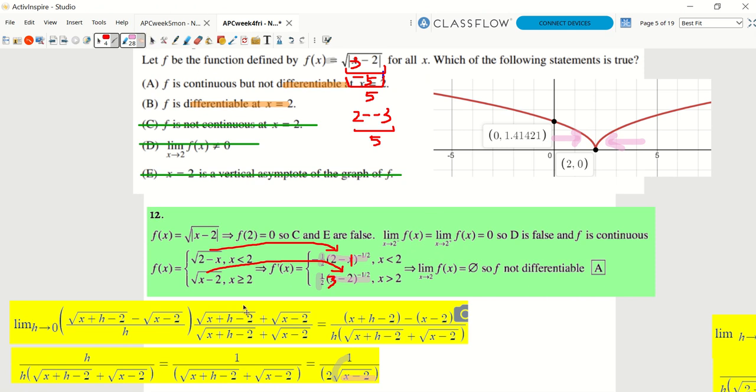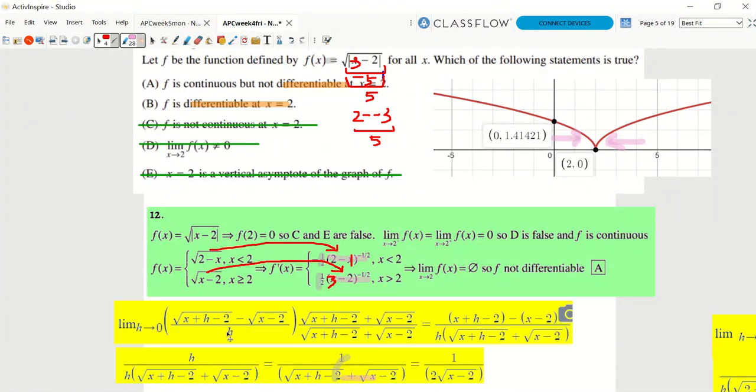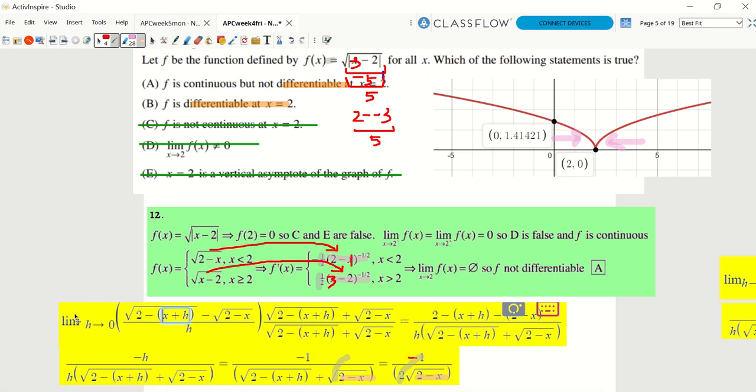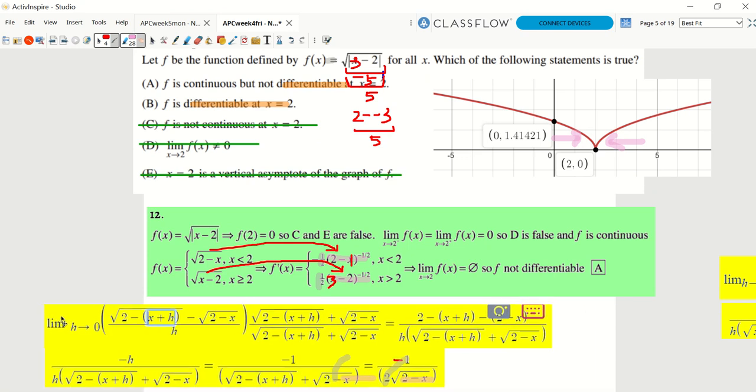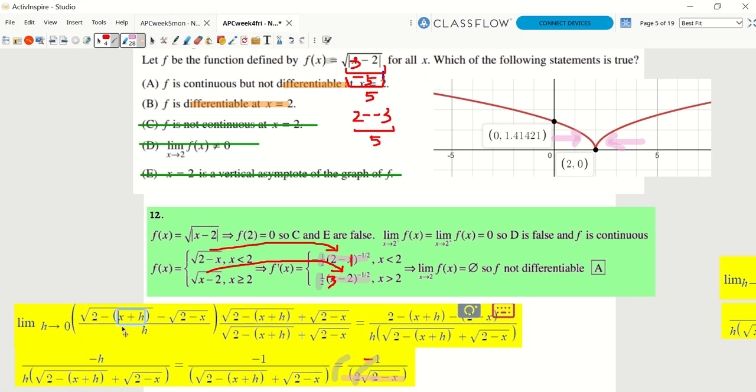Let's see if I can quickly show over here. Two minus 1. So this is going to be at x equals 2. So I'm going to evaluate this. 2 minus 1 is 1, root 1 is 1, so this becomes negative 1/2.